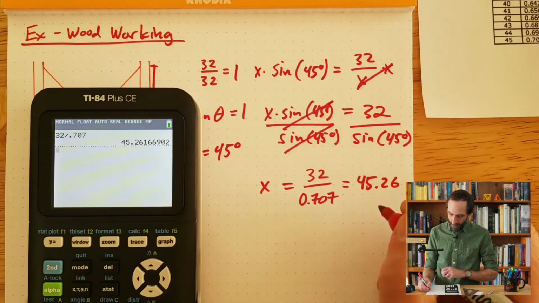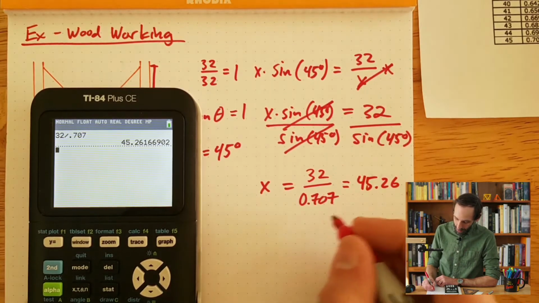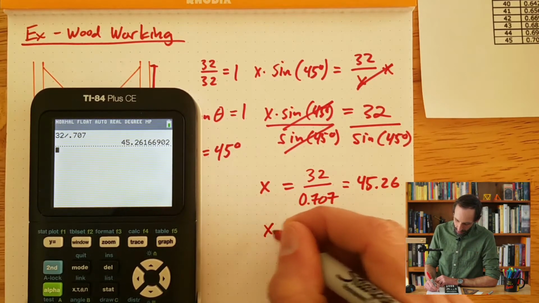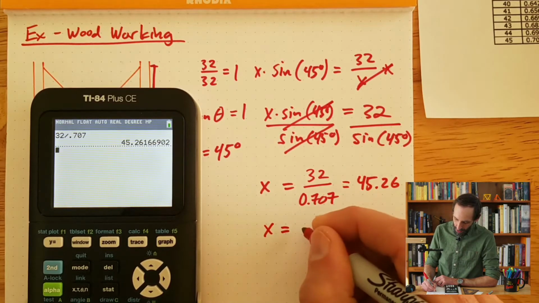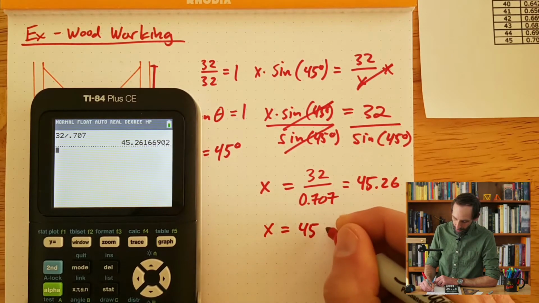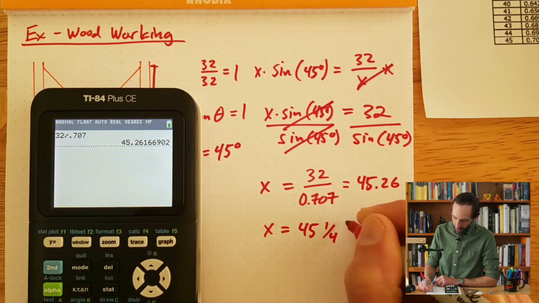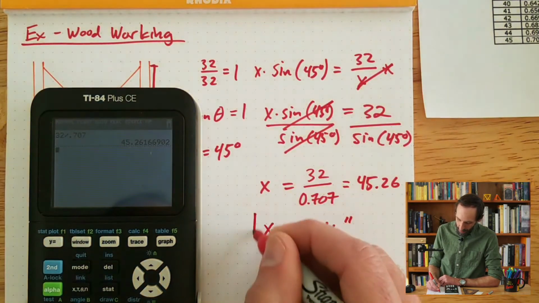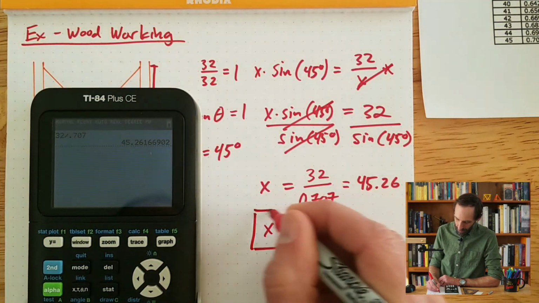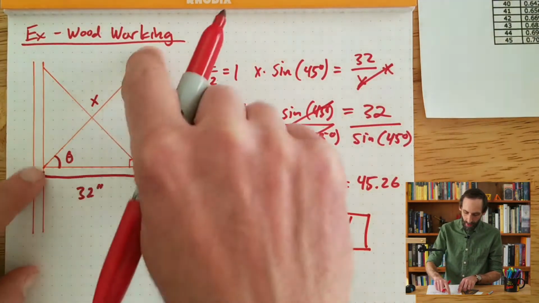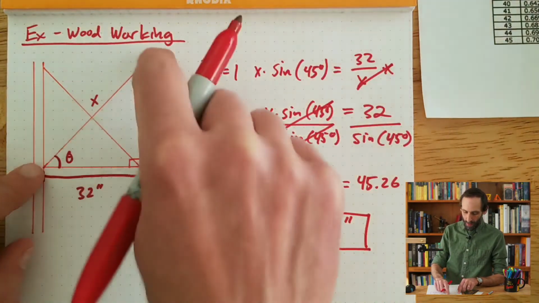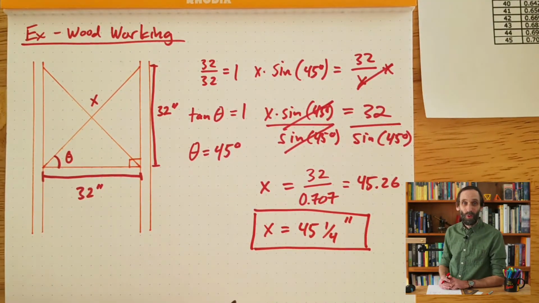So I'm going to round to the nearest eighth or 16th of an inch, which is 45 and a quarter inches. That right there is the length that I would cut this cross beam, the support brace, to: 45 and a quarter inches.